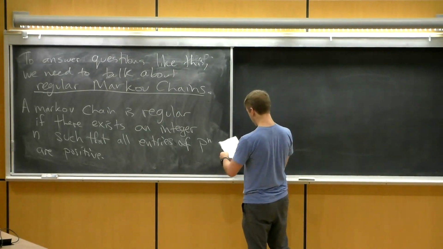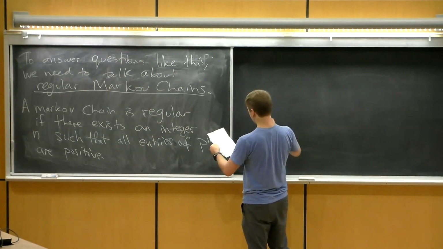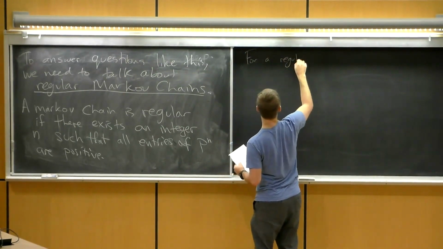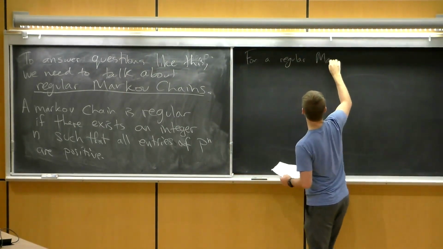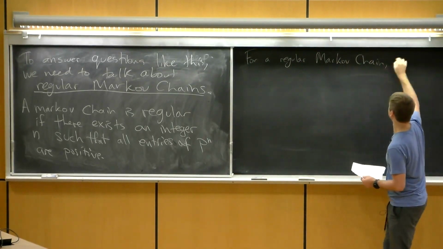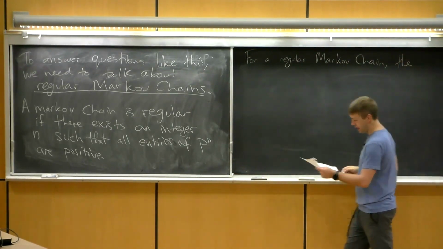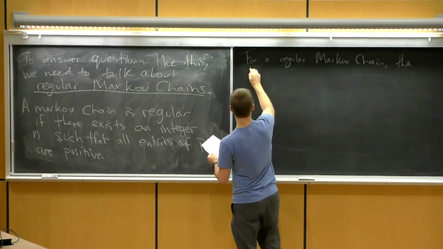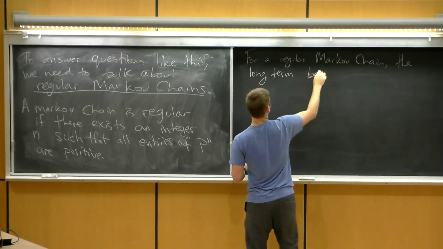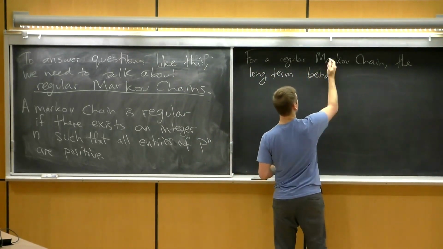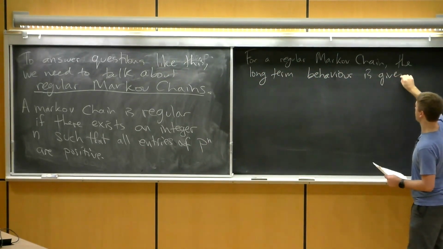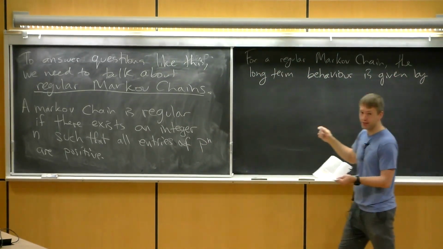So for a regular Markov chain, the long-term behavior is given by something called the stationary distribution.